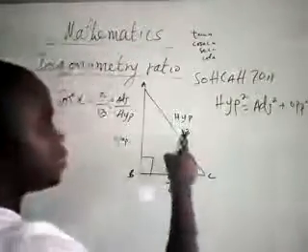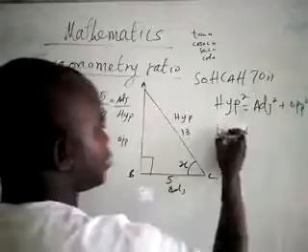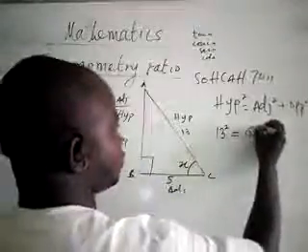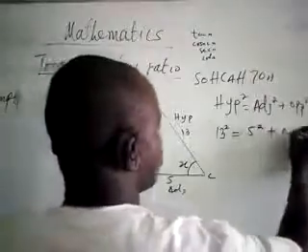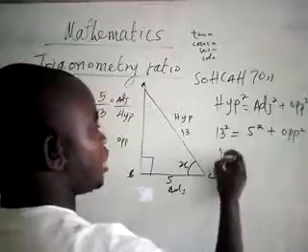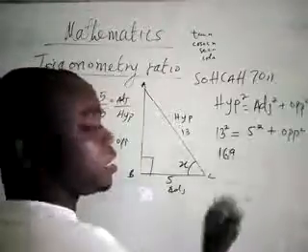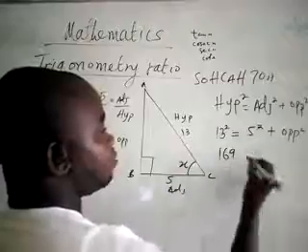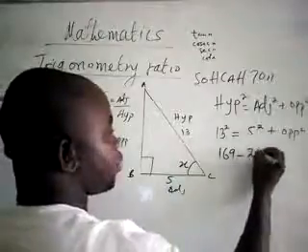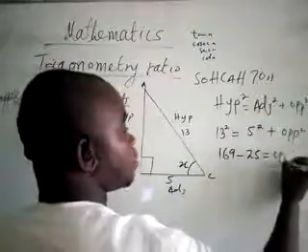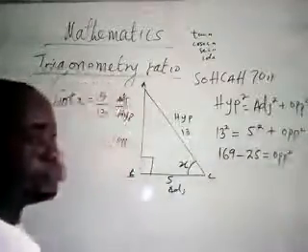Now, what is my hypotenuse? 13. That is to say, 13 squared is equal to my adjacent, 5 squared, plus my opposite squared. So this now becomes 169 minus 25 is equal to my opposite squared.